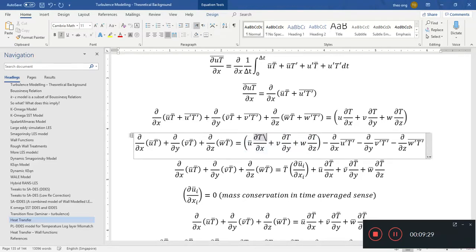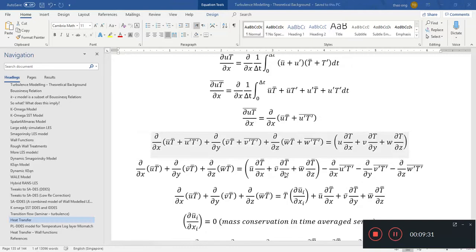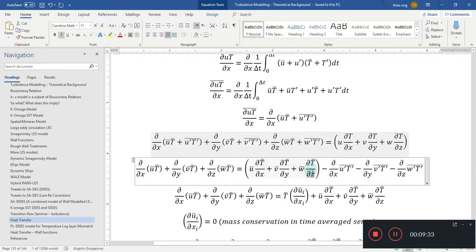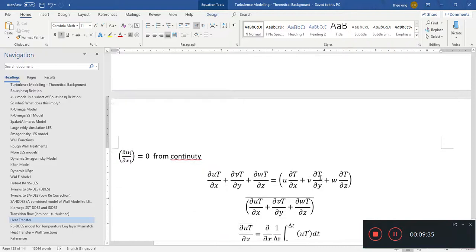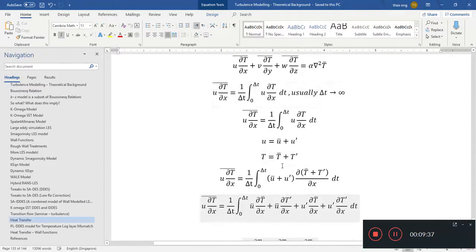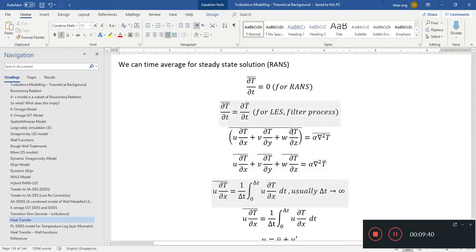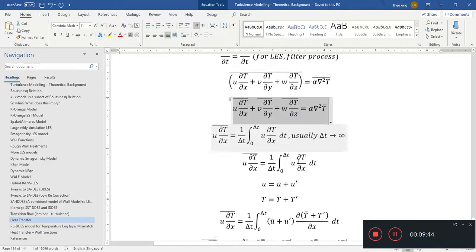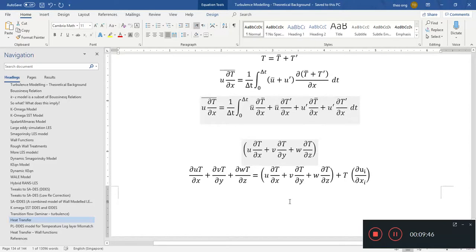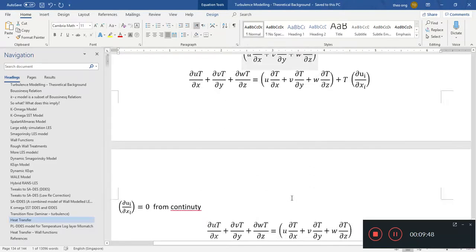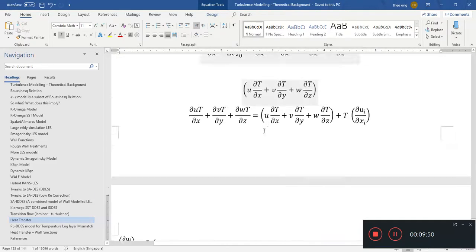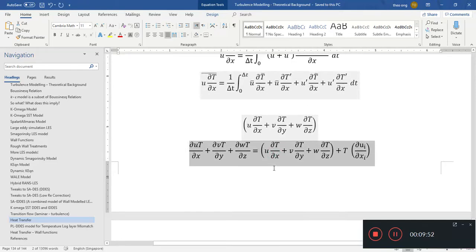Sorry, let me quickly correct that. All these things here should have a bar on them. There's a typo. So we go back to our original equation, these filter equations here, and we get it in this form.